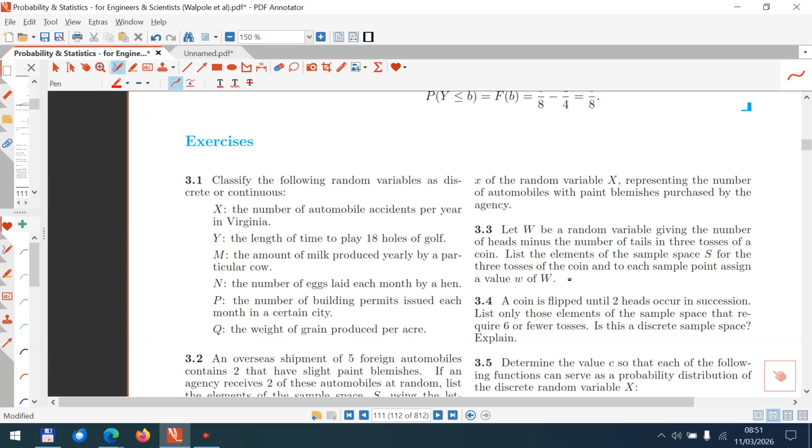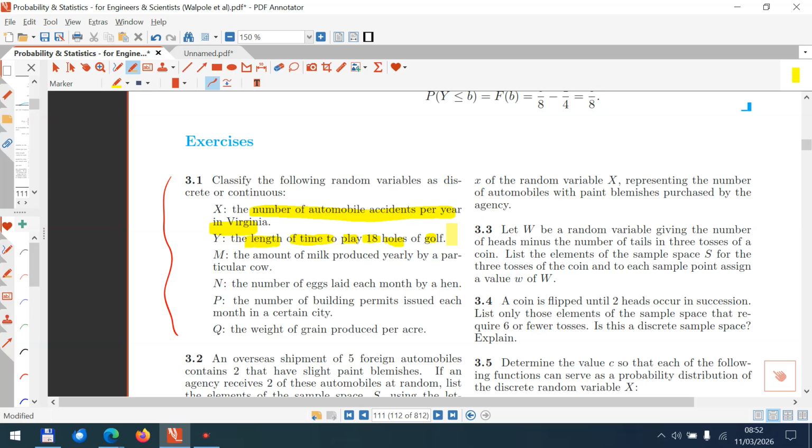Can you just go through this first question? Classify the following random variables as discrete or continuous. So what is the first one? The number of automobile accidents per year in Virginia. Discrete. Okay, the next one: length of time to play 18 holes of golf.